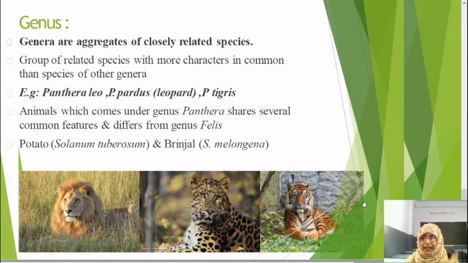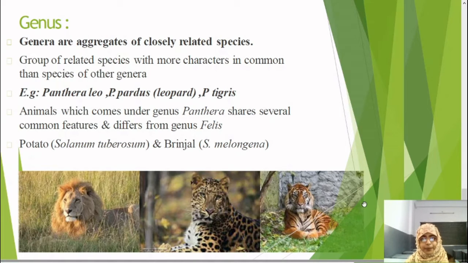So Panthera leo, Panthera pardus and Panthera tigris, all these organisms come under the category of Panthera, whereas Felis is a different category. Similarly, you can take an example of plants: potato, that is Solanum tuberosum, and Solanum melongena, that is brinjal.